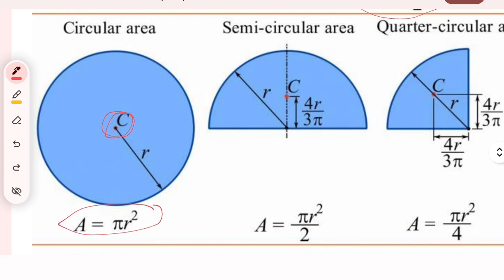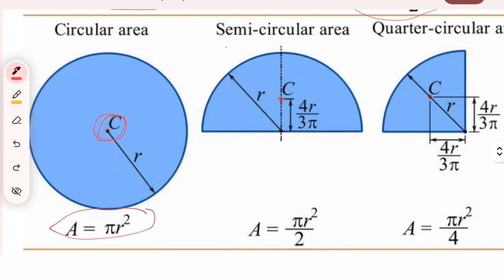That's quite easy, or half of the diameter, or simply equal to the radius. What about if what is given is a semicircular area, like this one, a semicircle? The area of the semicircle is the area of the circle divided by 2, so pi r squared divided by 2.